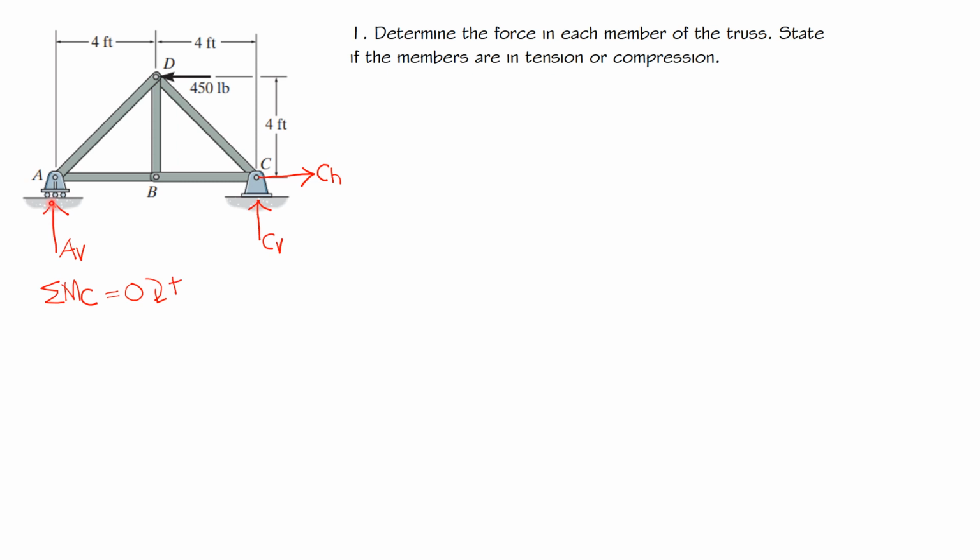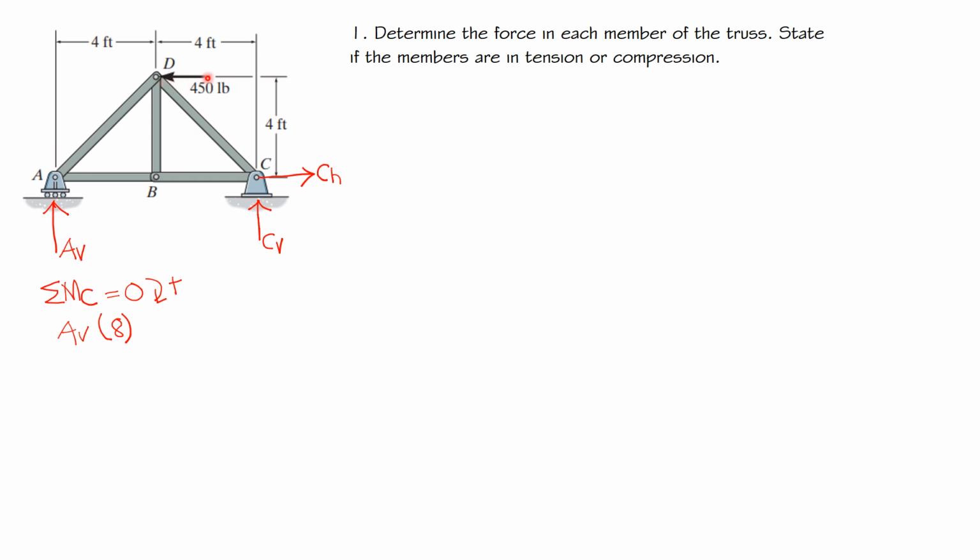So let's start with the force AV. So force AV, moment at point C. So the direction is clockwise, so that becomes positive. So AV multiplied by the perpendicular distance, which is 4. So A to B is 4, B to C is 4. So that's 8.